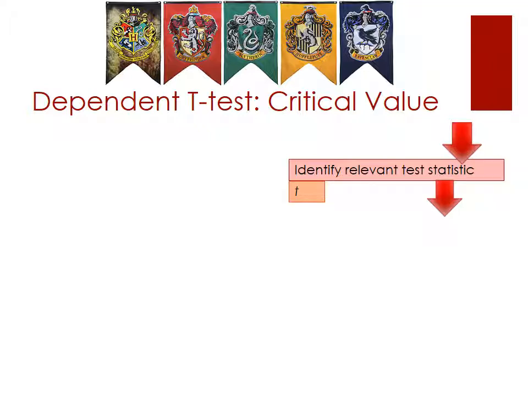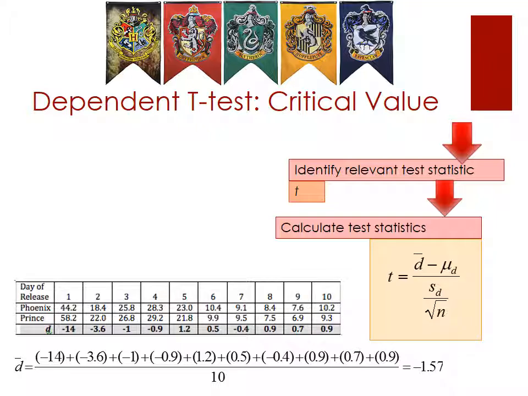Now that I've got my relevant test statistic, what's my next step? What's the next thing I need to do to solve this problem? I'm going to need to calculate my test statistic. Here is the formula we use for hand calculating your t obtained value. You're going to take your d bar, which is the representation, and subtract the mu D from it.